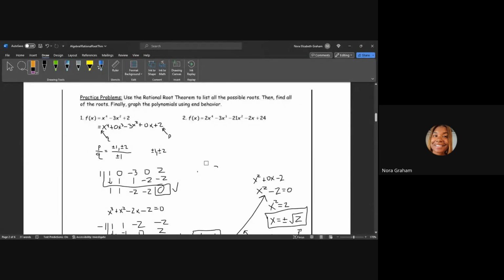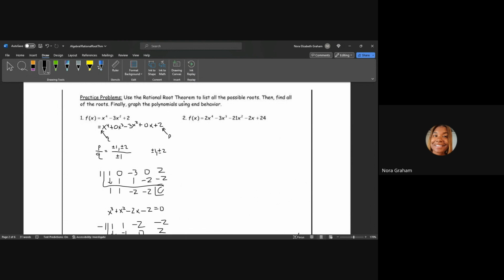Okay, just so you guys can get the hang of this. Let me make the eraser bigger. There we go. All right, so let's give number 2 a shot. We're doing the same thing.